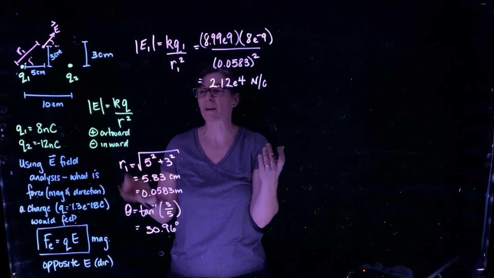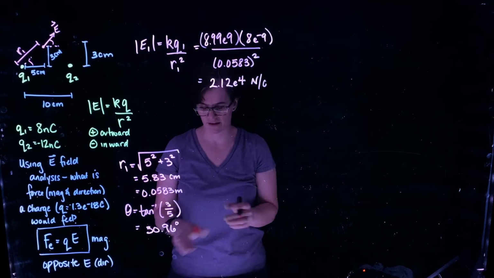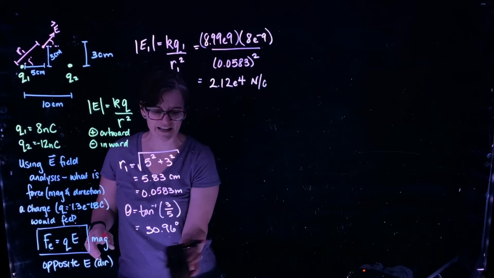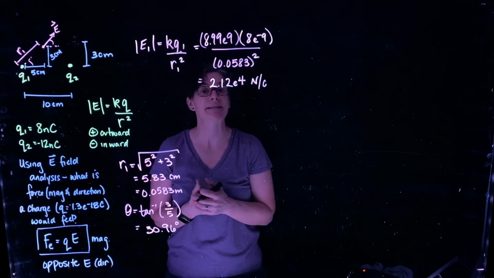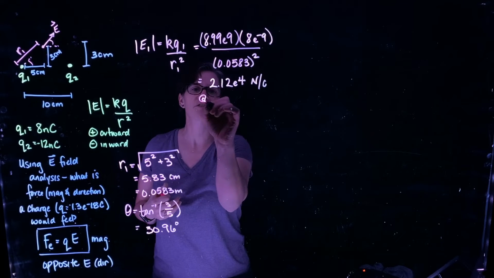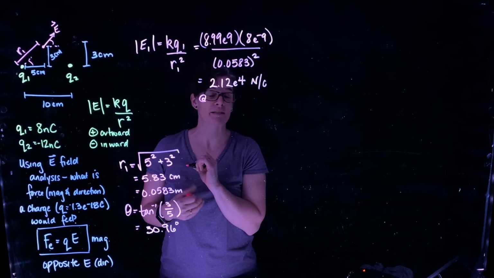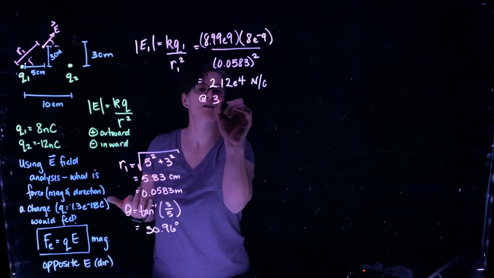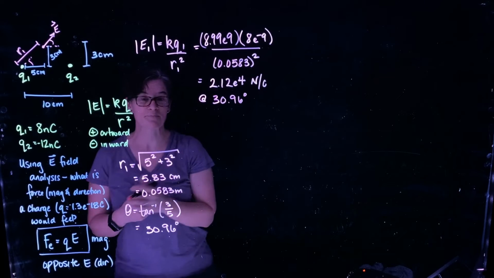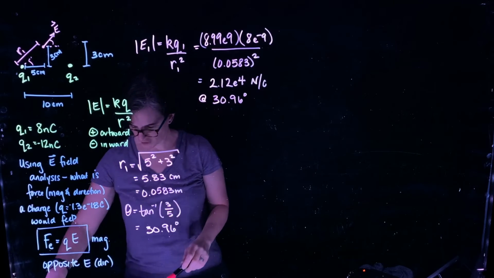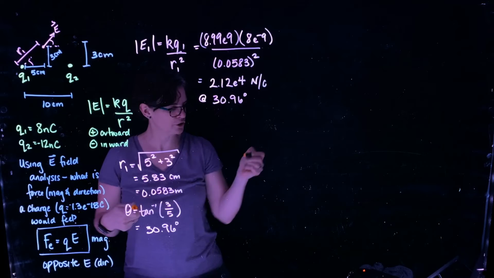And it's appropriate. Up and to the right, positive angle. So we always want to check those tangents to make sure that it makes sense. The number makes sense for my picture, and it does. So the electric field is 2.12 times 10 to the fourth at an angle of 30.96 degrees. That's charge 1. Okay.